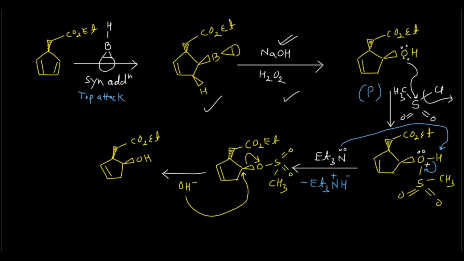Now if you carefully see, this OH is below the plane. So all this which I have done from here to here, to get this particular product, is to fix the stereochemistry of this particular OH, right? This has gone now and this is now below the plane. I have done this only for that. Please remember, this is very, very important.